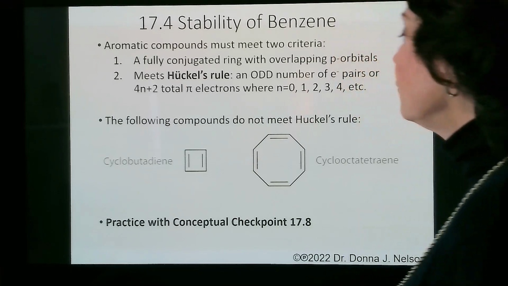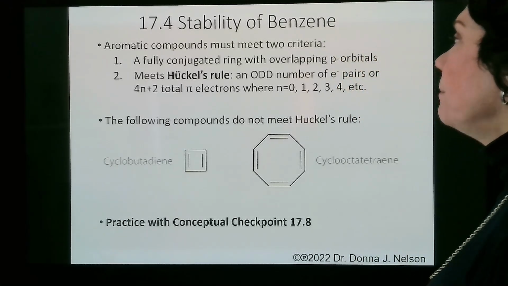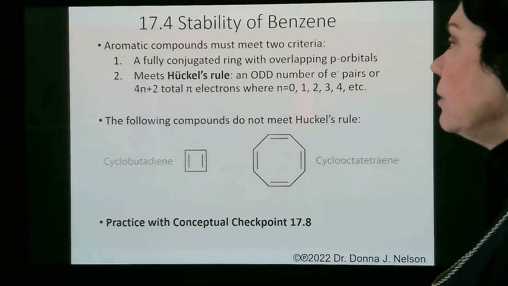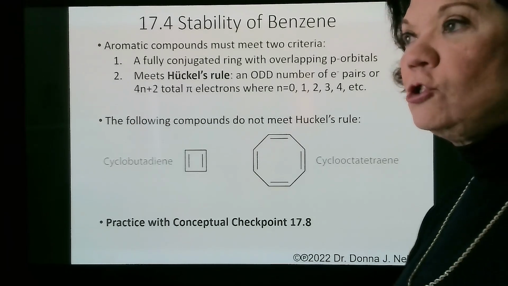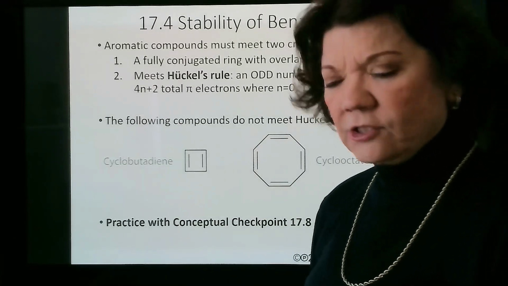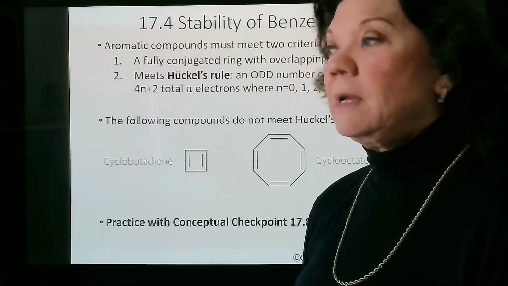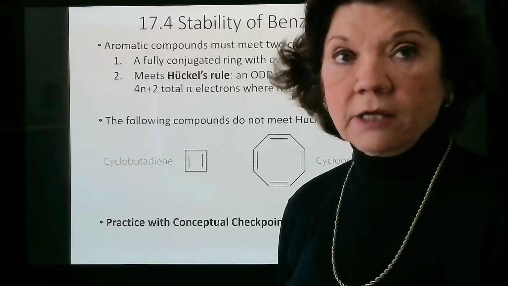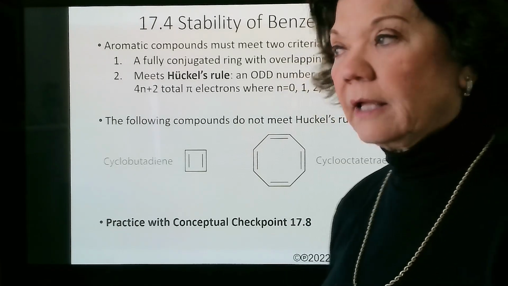Aromatic compounds must meet 2 criteria: a fully conjugated ring with overlapping p orbitals. And so, for example, if you just have a linear, acyclic pi system, such as hexatriene, that's not cyclic.